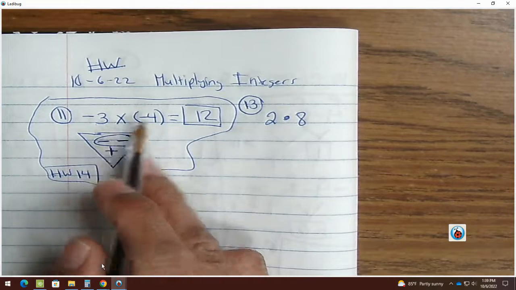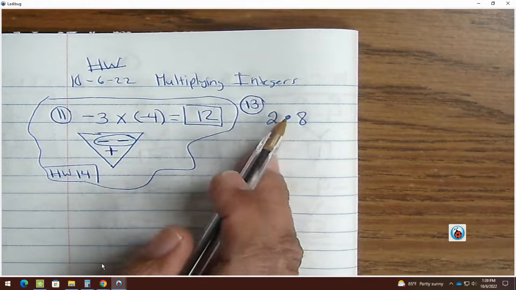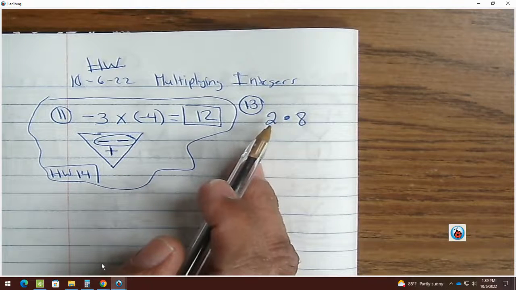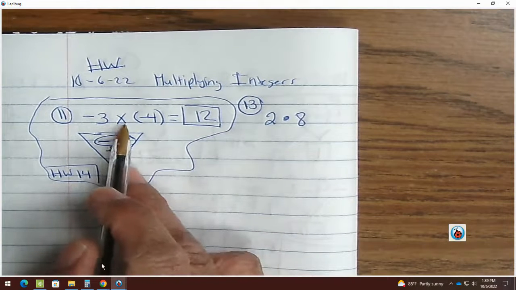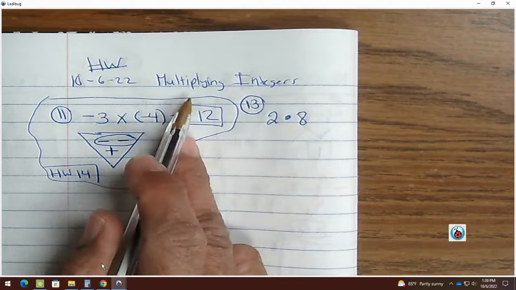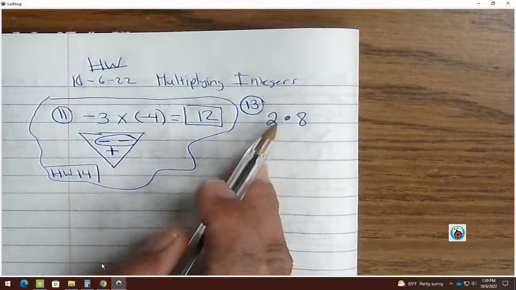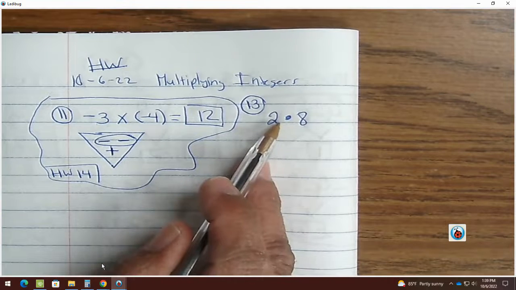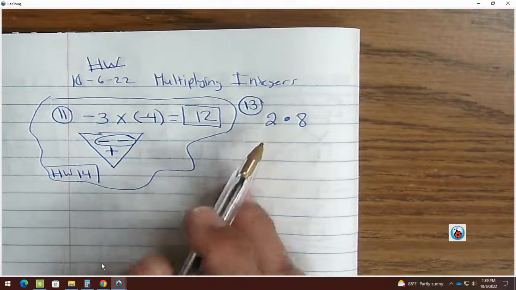Cambié la X para una bolita, porque quiero que usted aprenda que la X se puede hacer esta bolita y también significa multiplicar.